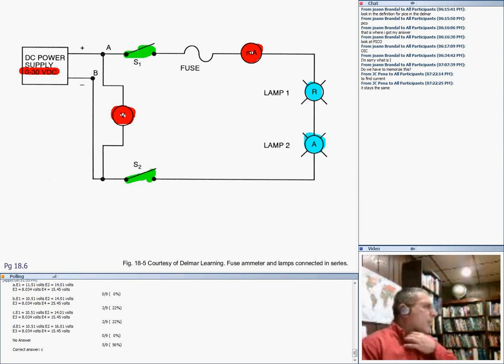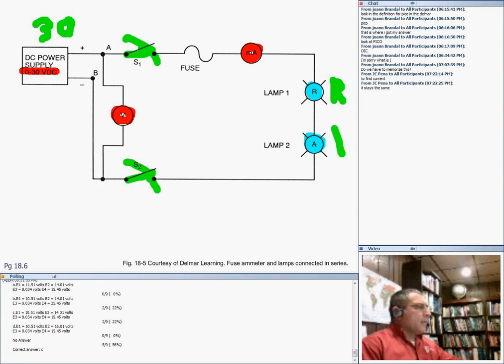You can do a lot of measurements here. If I set the voltage to 30 volts, close switch 1 and switch 2, and tell you the two resistors are the same value, can anybody tell me what the voltage across R1 would be?